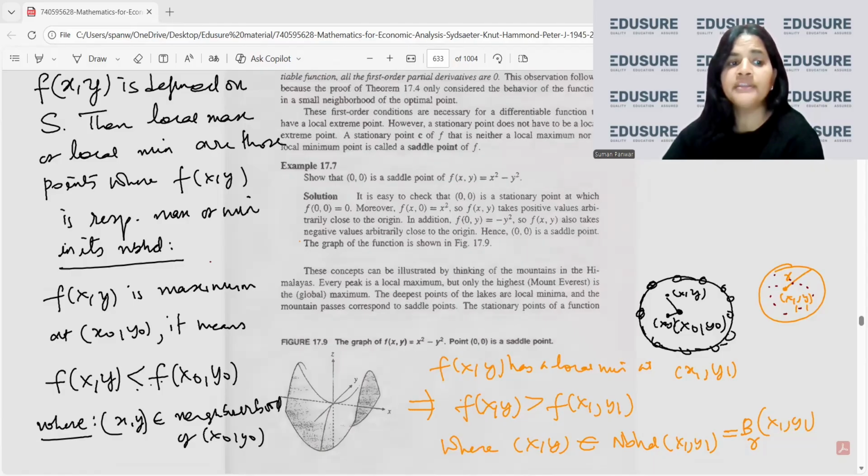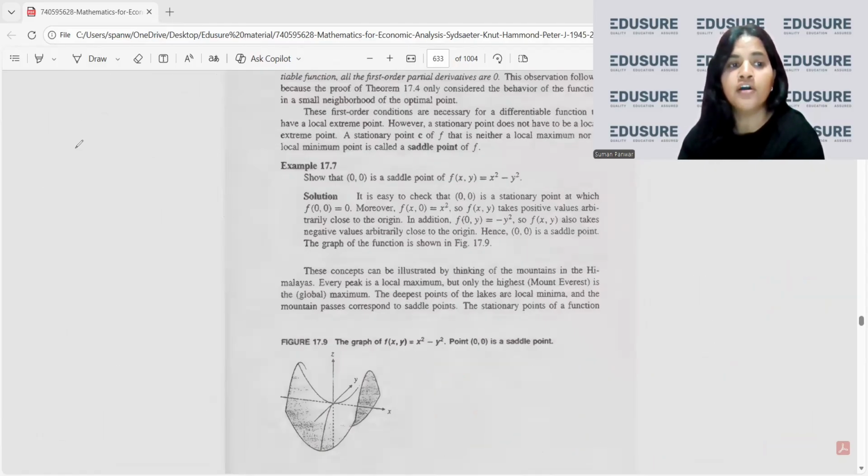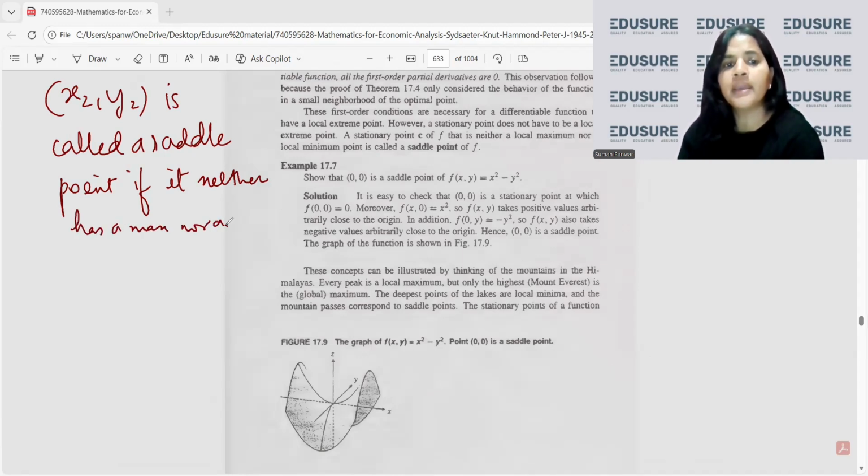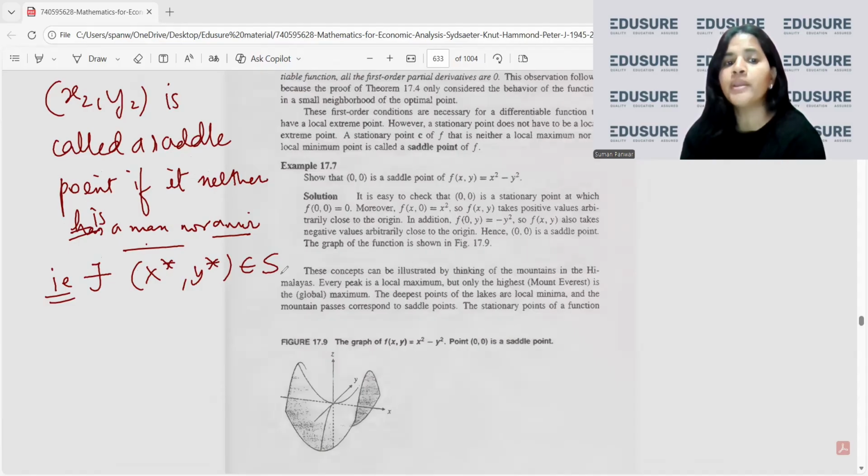Now it might happen that there is a point which is neither a maxima nor a minima. (x2, y2) is called a saddle point if it has neither a maxima nor a minima. That is, there exists (x*, y*) in the domain of the function such that f(x*, y*) is greater than f(x2, y2), so (x2, y2) cannot be a maxima.